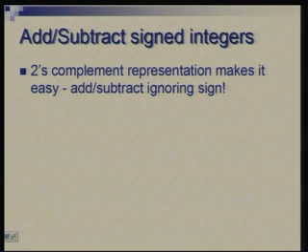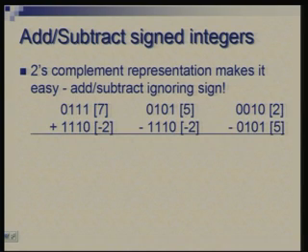Do not worry about the fact that they are signed 2's complement numbers. Perform addition or subtraction as you would without sign, and if your result is within the range, then you would have got the correct answer. So, the key is that you perform the add or subtract operation ignoring the sign.